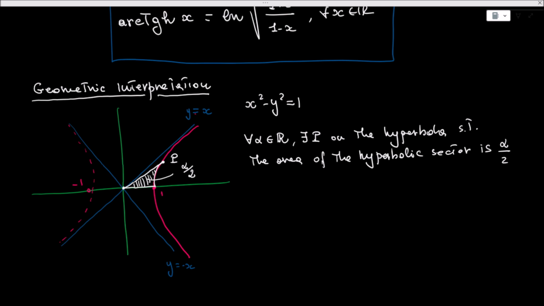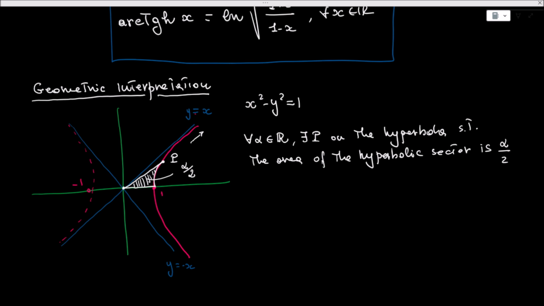Now, of course, if alpha is positive, P is moving on the upper part of the branch. If alpha is negative, it will identify negative areas, so P will be moving downward on this branch of the hyperbola.